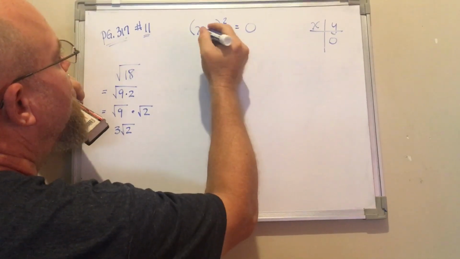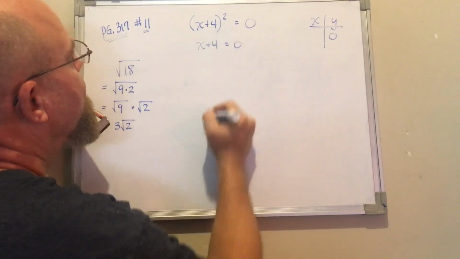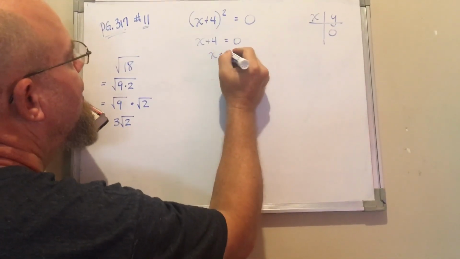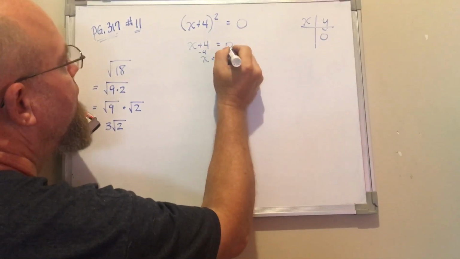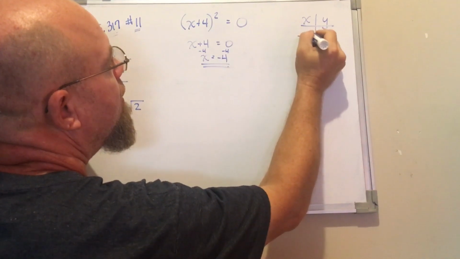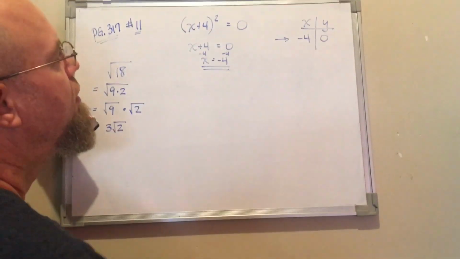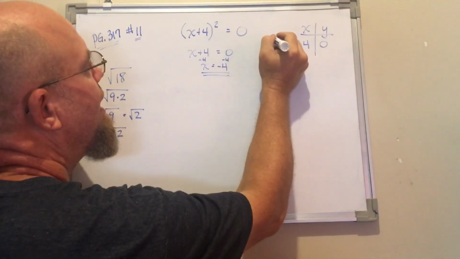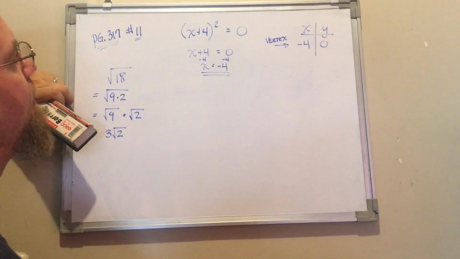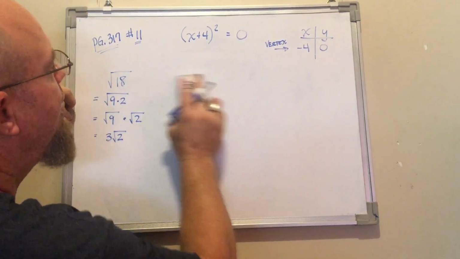If I take the square root, x plus 4 is going to equal 0. So when y equals 0, x is going to equal, subtract 4 from both sides, negative 4. And because x only has one value, that is the vertex of our parabola. Okay?